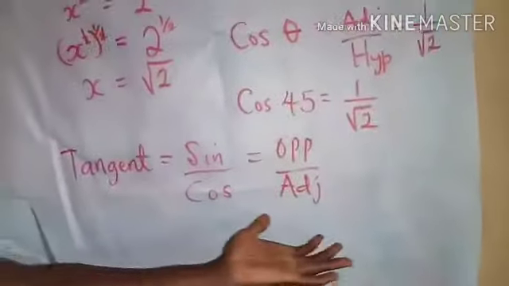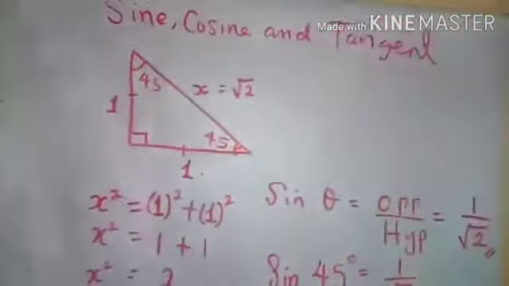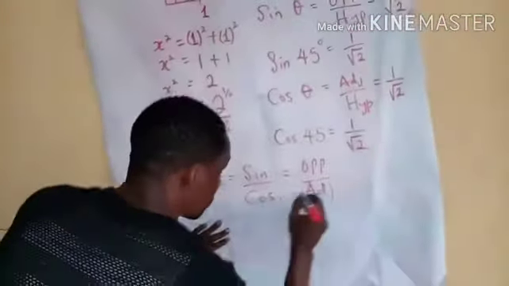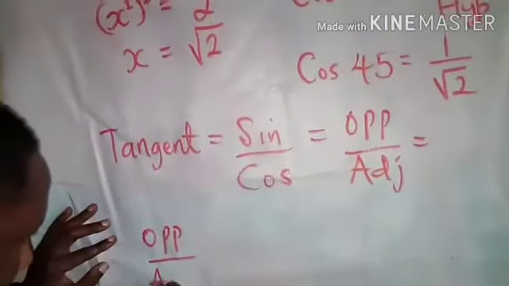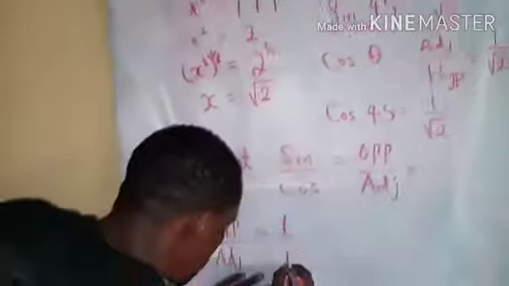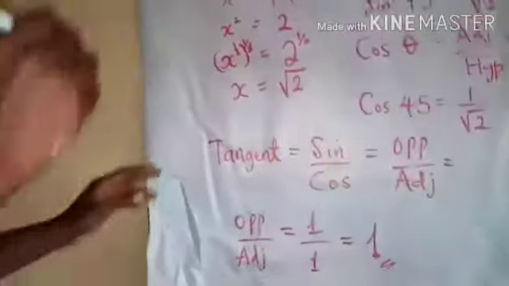So we have to figure it out from our opposite over adjacent. Opposite is 1 and our adjacent is 1. So 1 over 1 equals 1. That means tangent is 1.